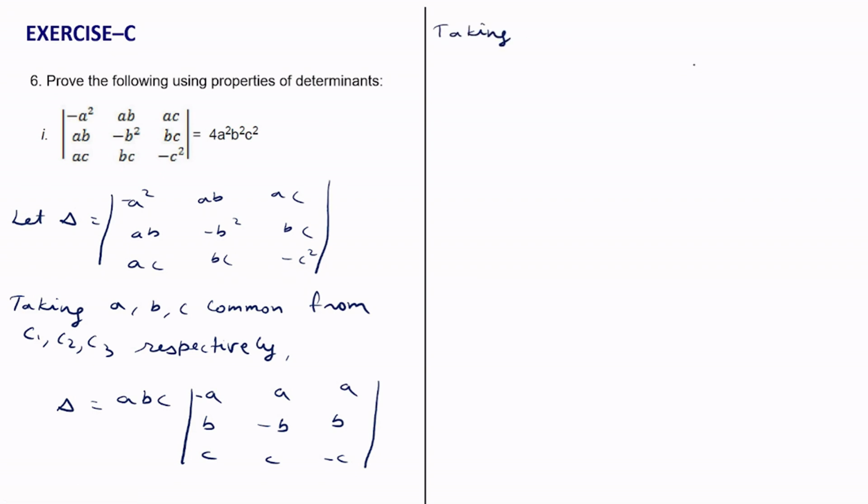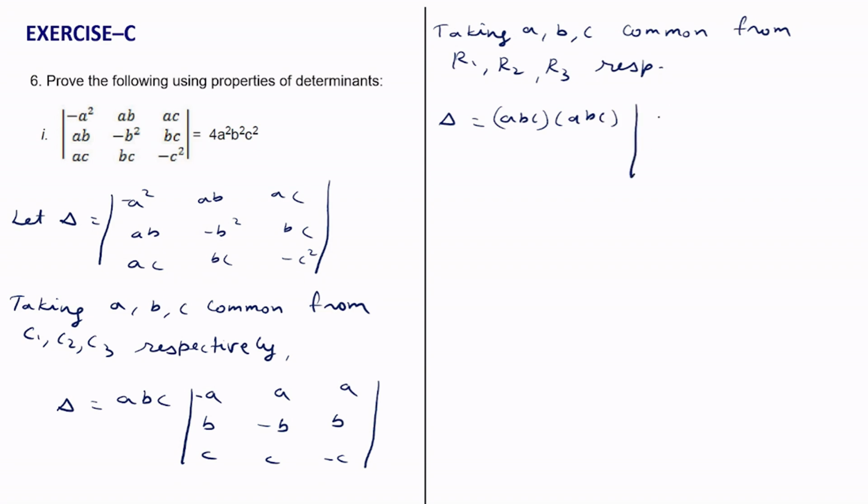Taking a, b, c common from R1, R2, R3 respectively. So we have delta as abc into abc into determinant of minus 1, 1, 1, 1, minus 1, 1, 1, 1, minus 1. So this will be a square, b square, c square.